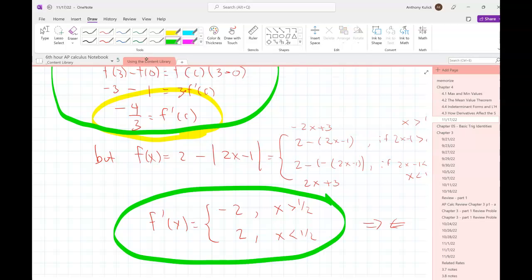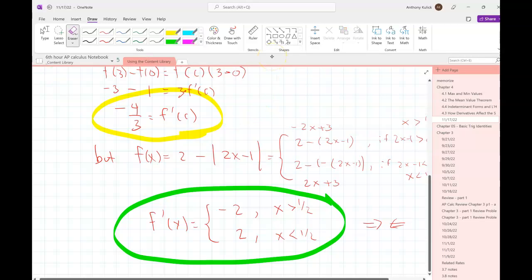So it can't happen, right? Negative 4/3 isn't negative 2 or positive 2. But isn't it in between them? Or does that not matter? Is it just that it can only be the values of negative 2 and positive 2? Yes, only those two. Okay.